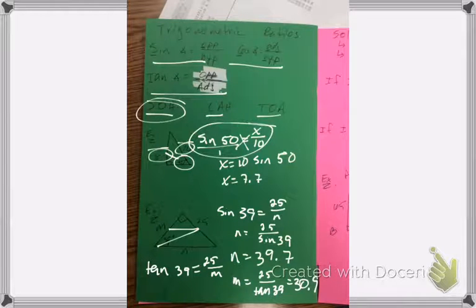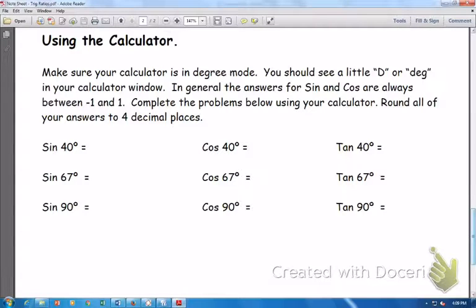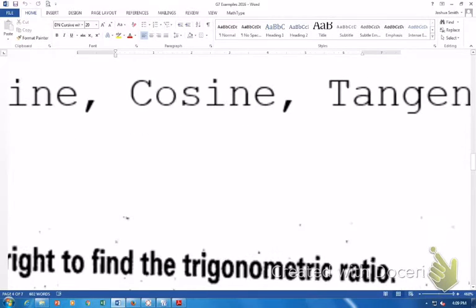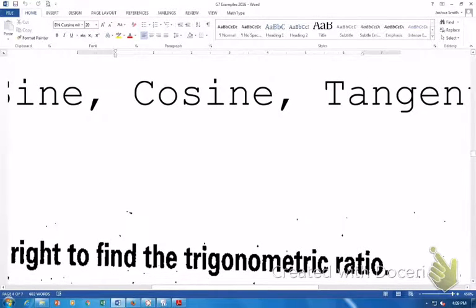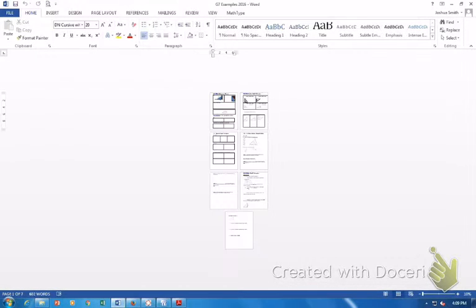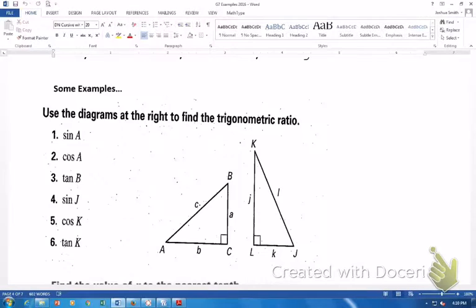In part of your example packet, there is an opportunity here for you to practice getting these ratios. Take a couple minutes. Again, stop the video, try to figure out the ratios, and we'll come back on and see how you're doing.